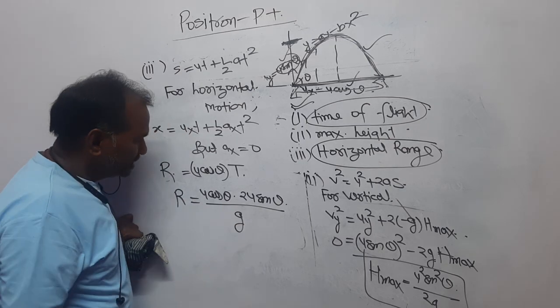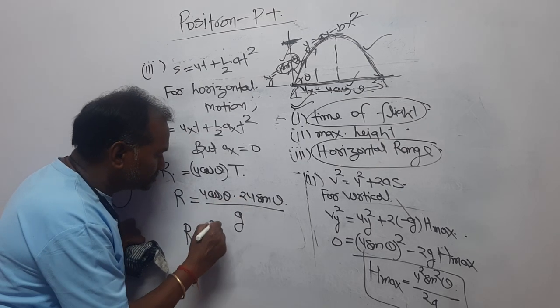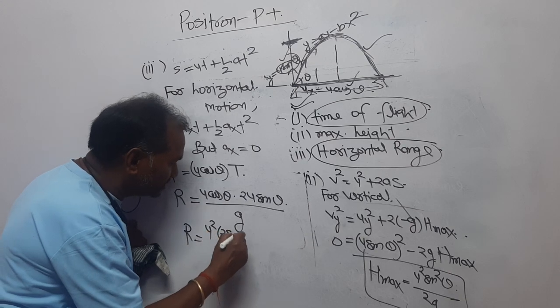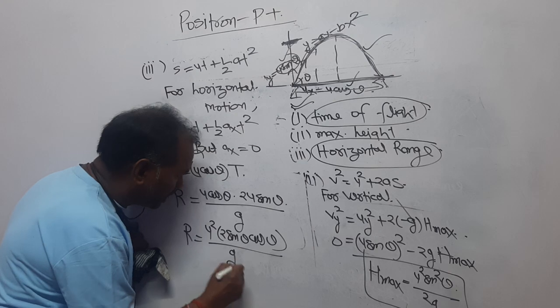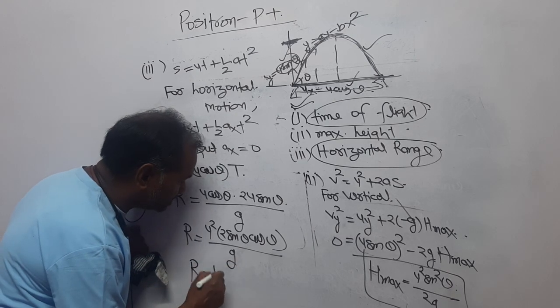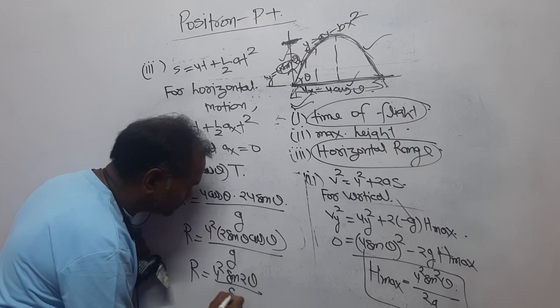Dear students, it can be written as R is equal to u square into 2 sin theta cos theta upon g, or R is equal to u square sin 2 theta upon g.